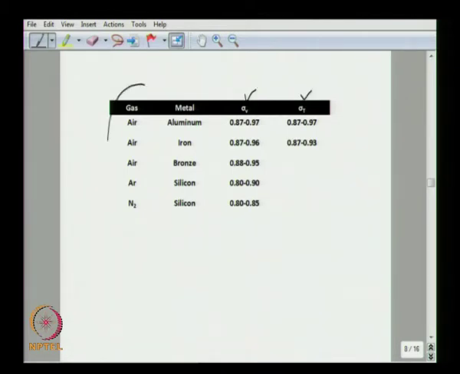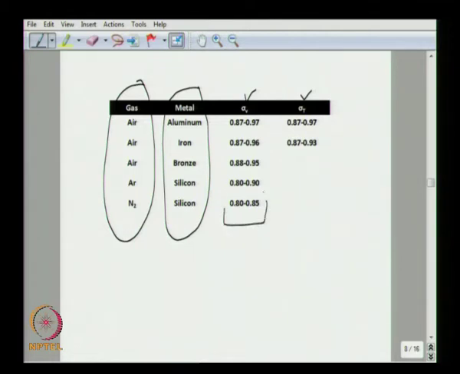So, these are different gases which are interacting with different surfaces, and if you look at the values, you can see that the values of both the momentum and the temperature accommodation coefficients are in the range of 0.8 to 0.9 or a little higher.